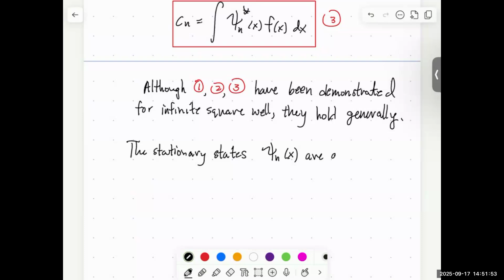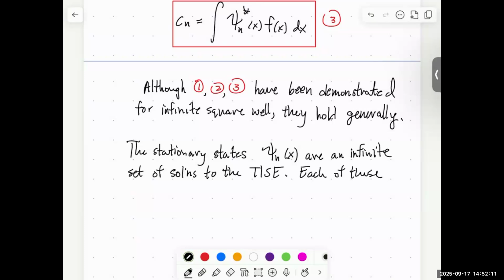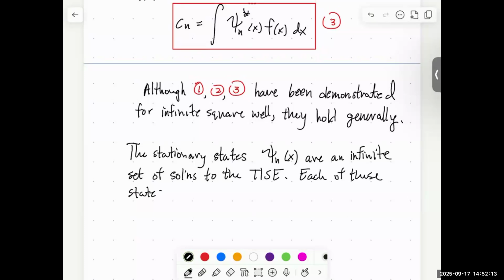They are an infinite set of solutions to the time independent Schrodinger equation. Each of these states evolves in time according to.